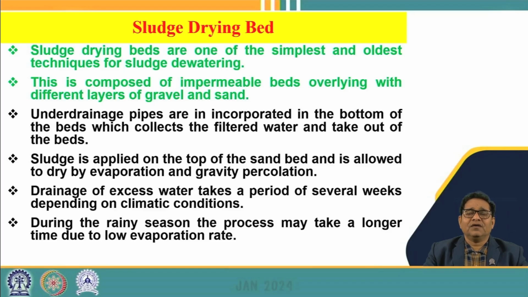Out of 12 months, we can operate this sludge drying bed normally for 10 months only, considering 2 months of rainy season period for which these beds are discontinued from operation. So this is a kind of facility which is mostly used for dewatering of the sludge.